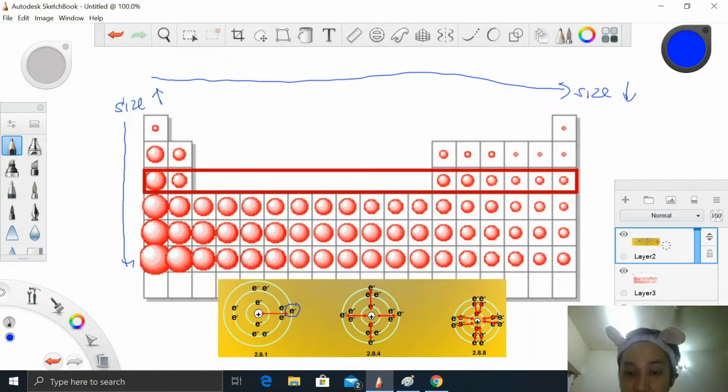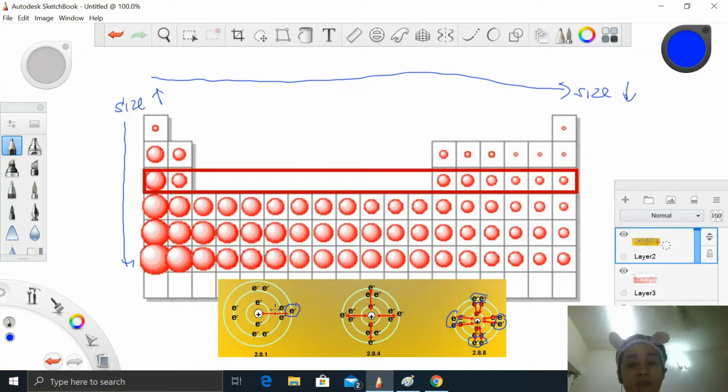As you can see here, the valence electrons are being pulled nearer to the nucleus because the nuclei attraction is stronger, as you have more protons in the nucleus. Since this is period 3, if you look at 2,8,1, 2,8,4, 2,8,8, all will have the same amount of shells, 3 shells.